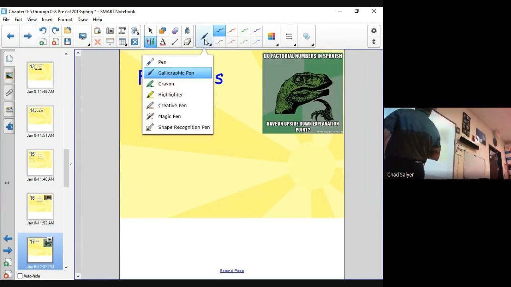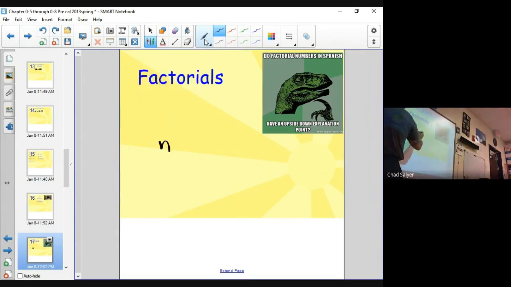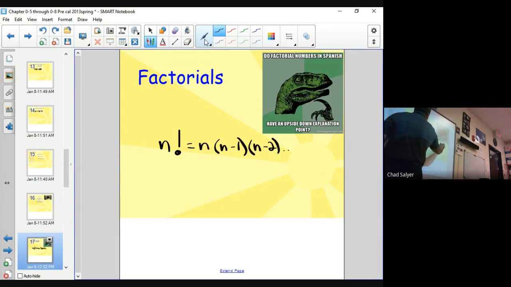Factorials. So this is an operator you may or may not have seen, but it's a number and then an exclamation mark. And what this means is that number times that number less 1 times that number less 2, and so on until you get to 2 and then 1, and then you stop.